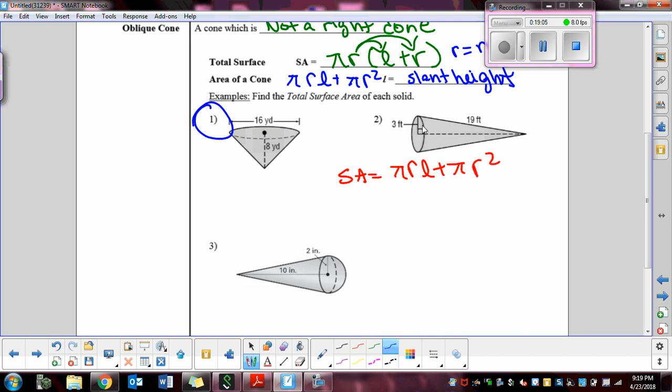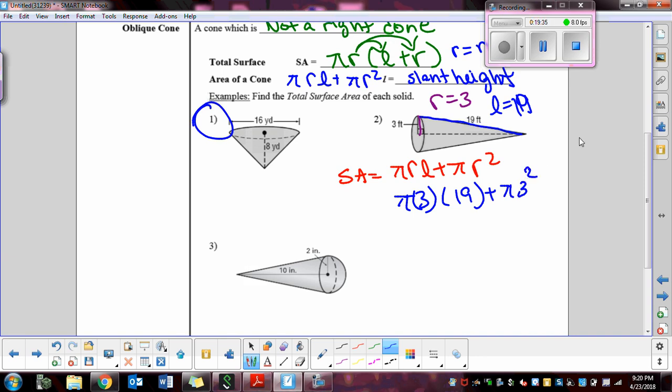And I know that my radius is 3 and my L is 19. They actually give that to you. So I'm just going to plug it in. Pi times 3 times 19 plus pi times 3 squared. Okay, just plug that into your calculator and see what you get.